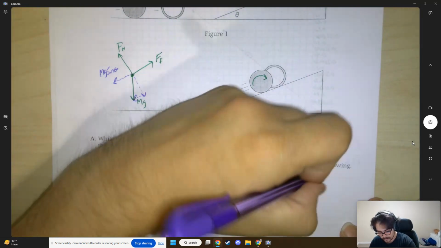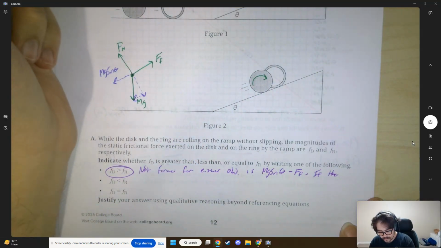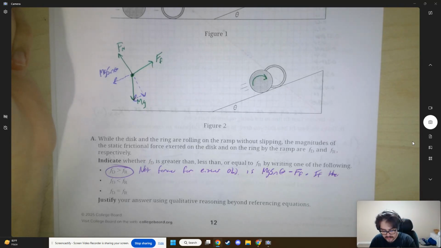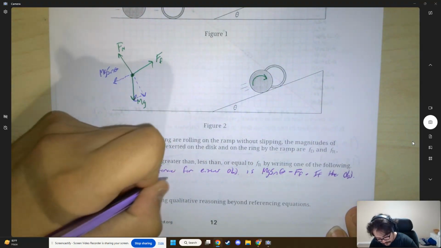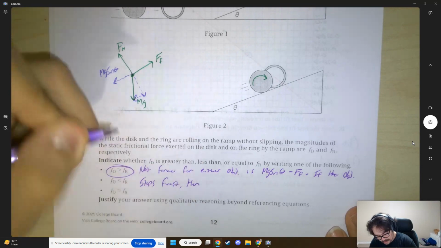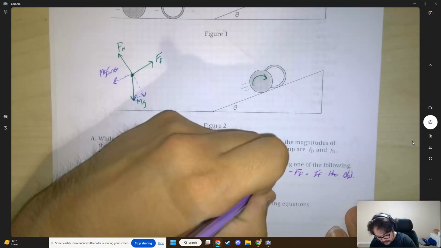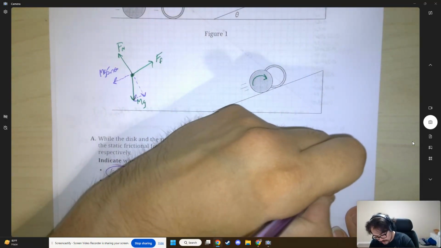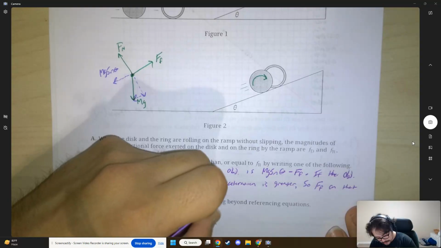If the object stops first, then its deceleration is greater, so the force of friction on that object must be greater.